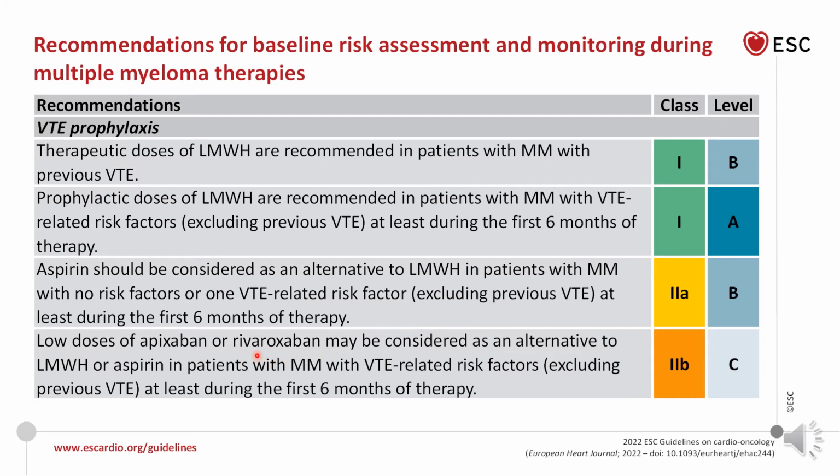We also have an option that takes a class 2B recommendation, which is low dose apixaban 2.5 twice daily or rivaroxaban 10 mg once daily as an alternative to aspirin or low molecular weight heparin, but again not in patients with previous venous thromboembolism, because this patient has a very high risk of recurrent events.